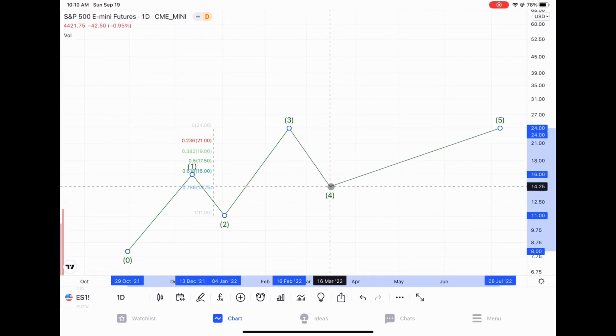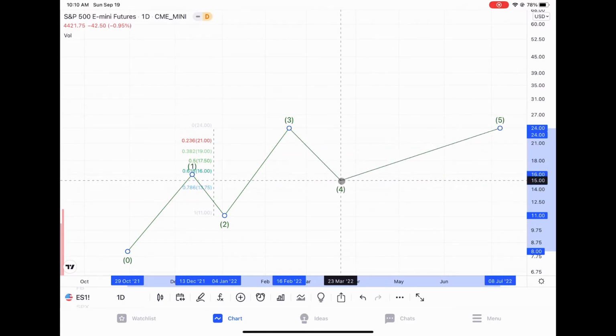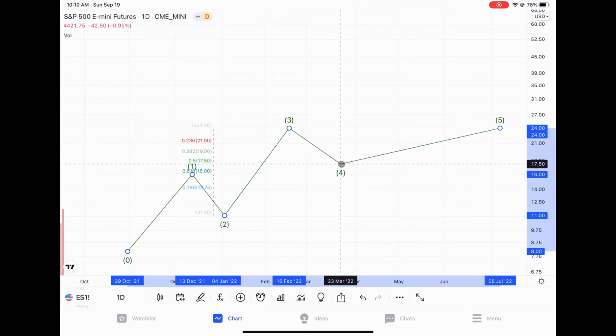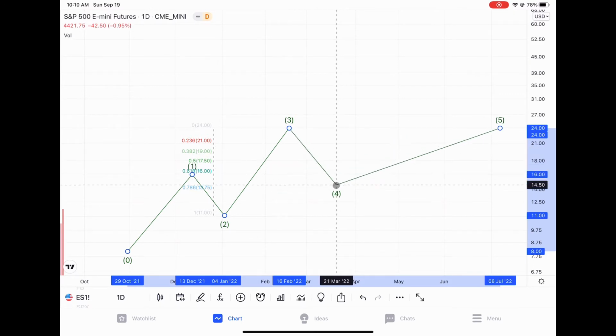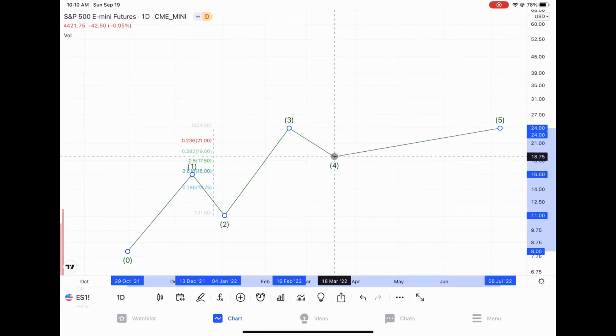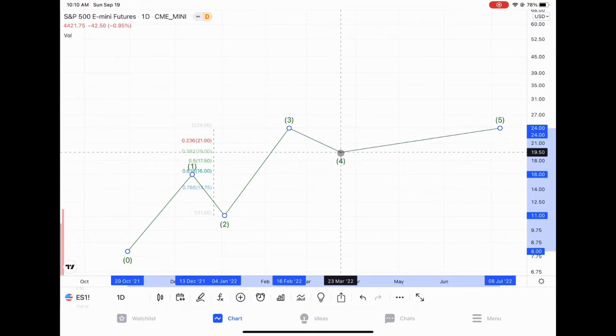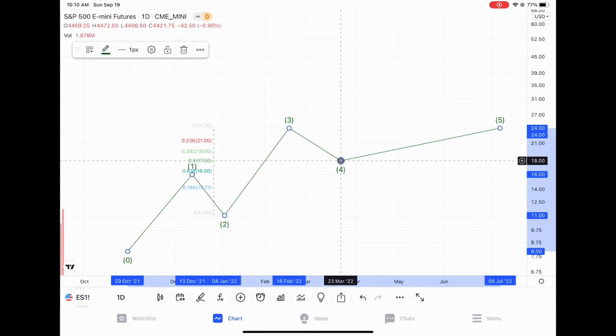Around this range is a pretty good risk to reward ratio to buy in at. Now, if it breaks under 78.6, then it doesn't respect theory, and we would have to do a recount. Let's just say we can buy in at maybe 0.618 or 0.5, around there, like $18. That's a pretty good range to buy in.